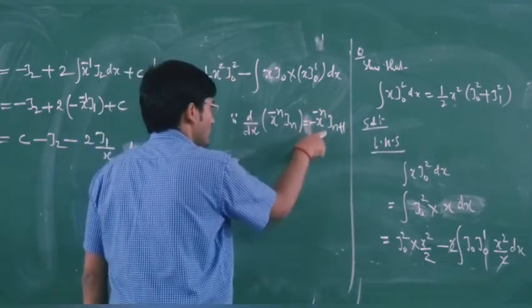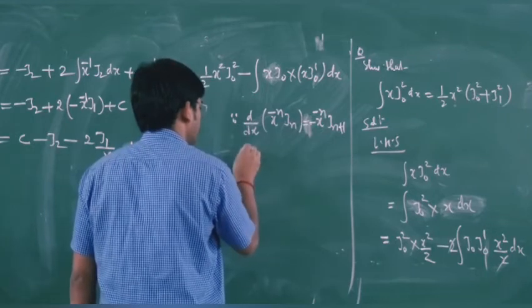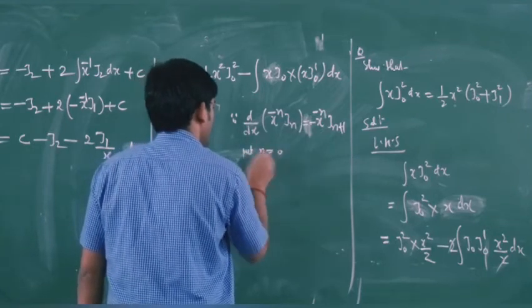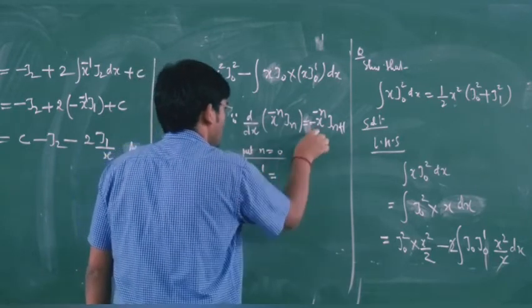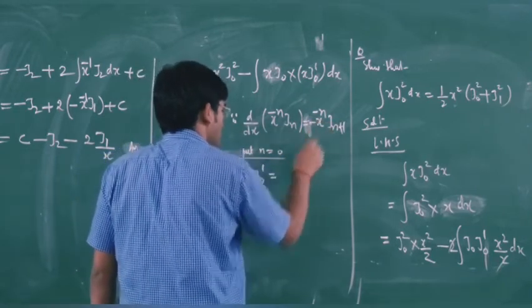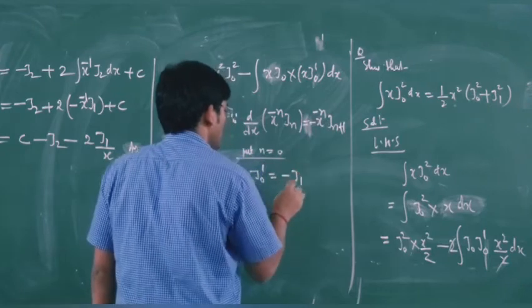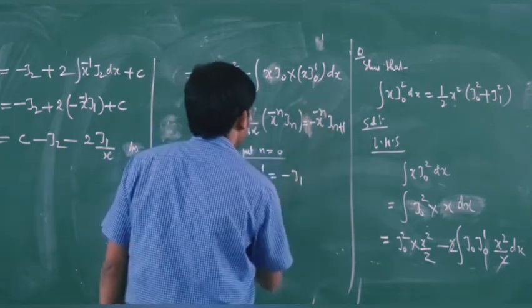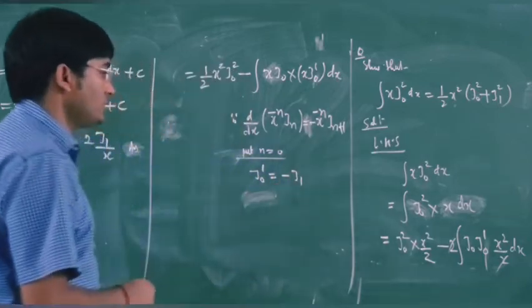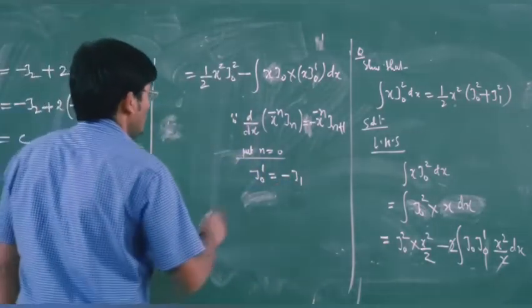So if you put n equal to 0, then on the left hand side this will be your j naught dash, and in the right hand side if you put n equal to 0, then this will be your minus j1. So here we can replace our j naught dash by minus j1.